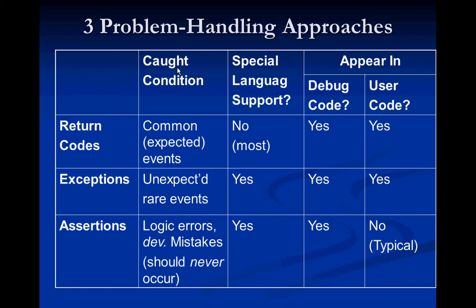You'll say, for example, assert i is greater than or equal to 0, and you can have a colon followed by an error message, like "index is negative, check such and such data structure." Every time this runs, it's going to check this condition.